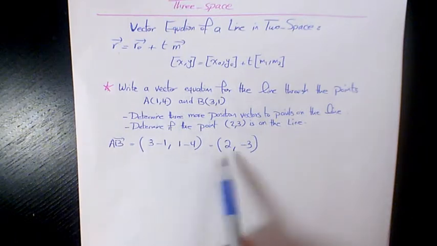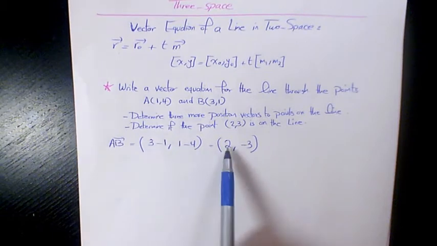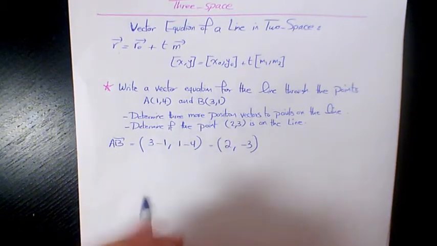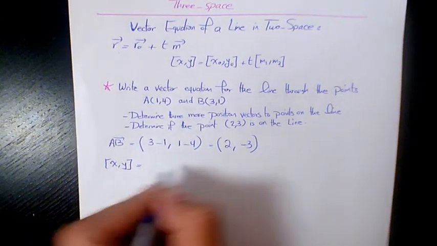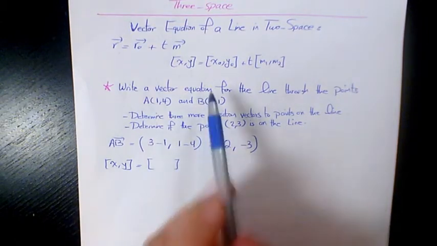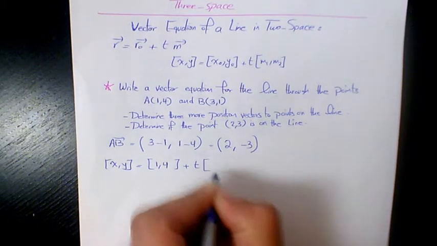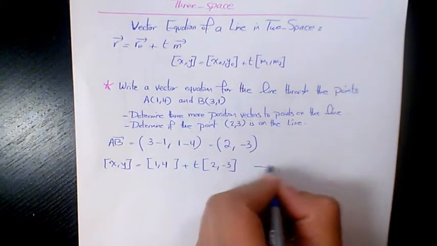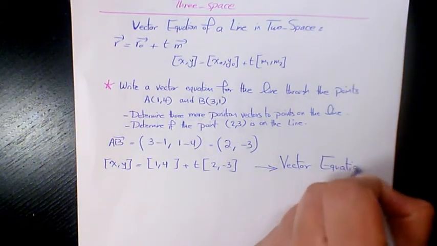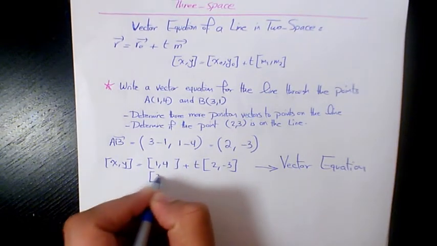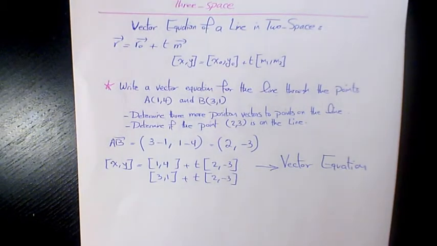That gives us the slope because it's going from A to B. When we write down the vector equation, we can use either of these 2 points, it doesn't matter which one. Let's say the first one, plus t times (2, negative 3). This is called the vector equation. I could also write it as (3, 1) plus t times (2, negative 3). Both of them are correct.